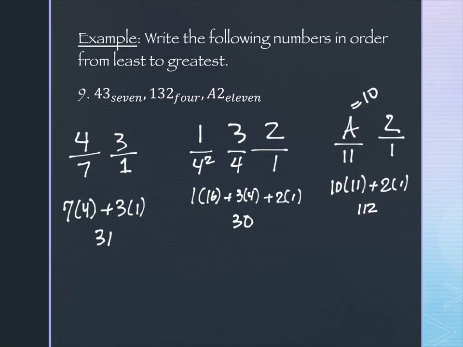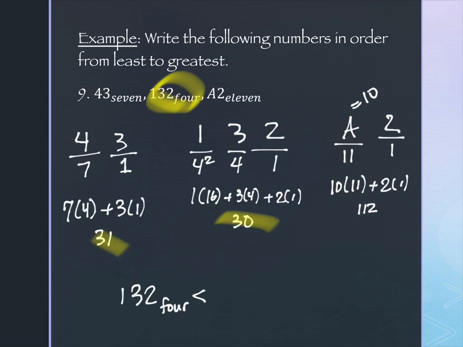Which is the least of these 3 numbers that I just found? 30. And 30 represents the number 1, 3, 2, base 4. I'm going to put a less than sign. Sometimes you'll see them put a comma, or they may have you put a comma. Which number comes next? 31, right?